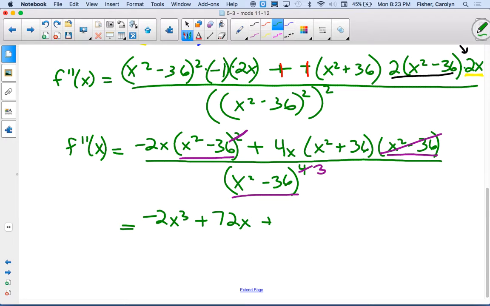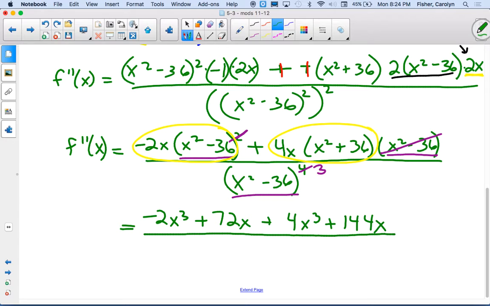Plus, again, I'm going to go ahead and multiply this part here. So I'm going to end up with 4x cubed plus 36 times 4 is 144x, all over x squared minus 36 to the third power.